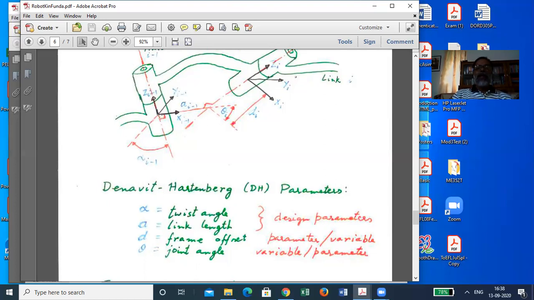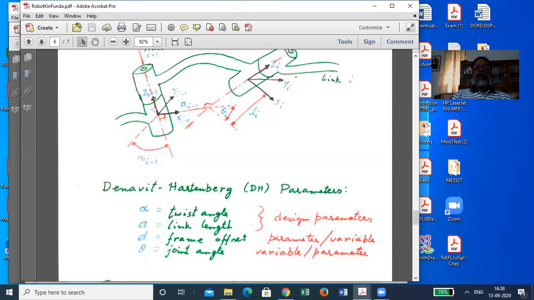Then, if you move the frame along this x direction, the rotation was about the x-axis, and now the translation is also along the x-axis. If you translate it here, then what happens? X remains here.